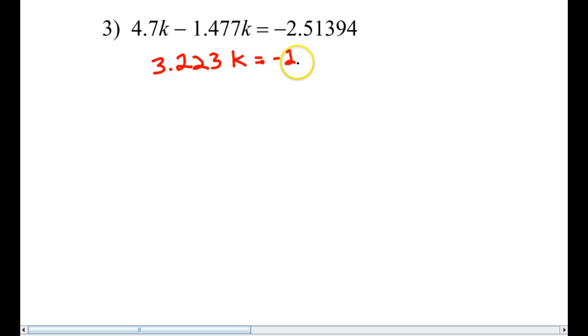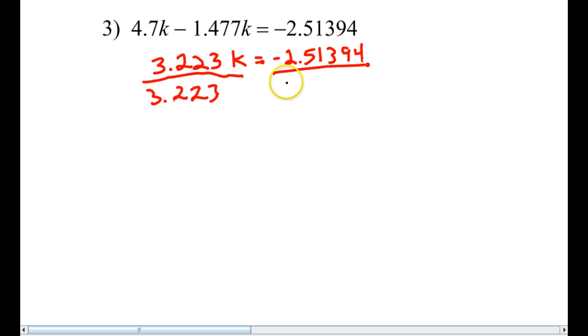And keeping everything lined up. And then divide by the same number. 3.3 divided by 3.223.